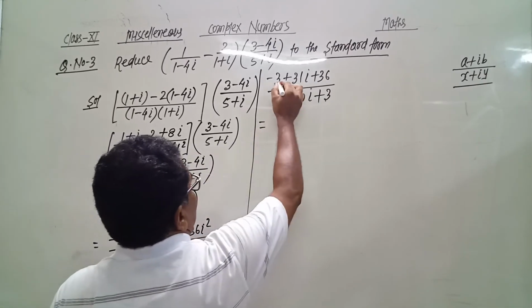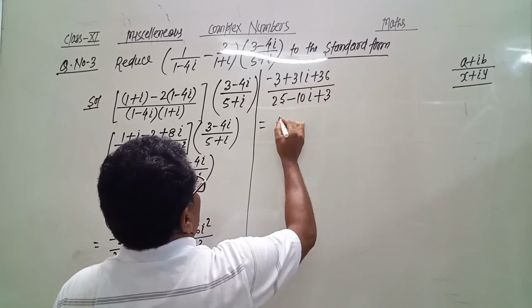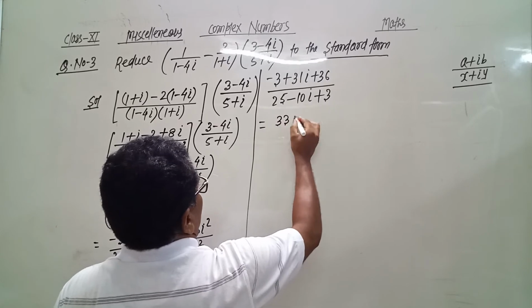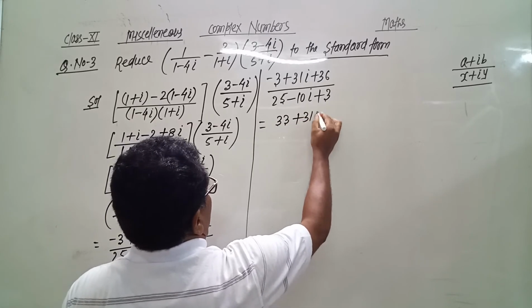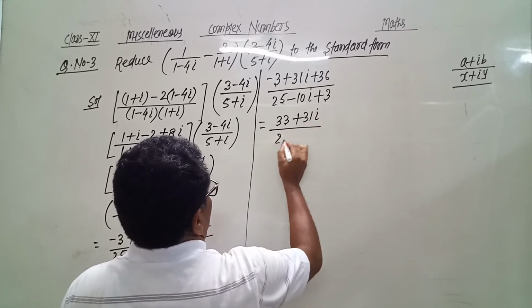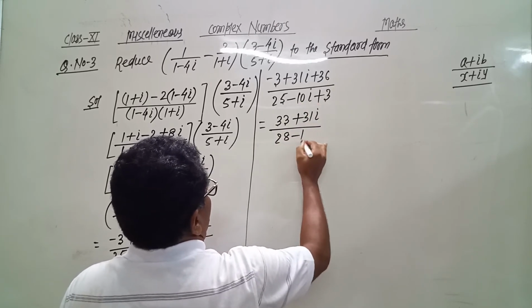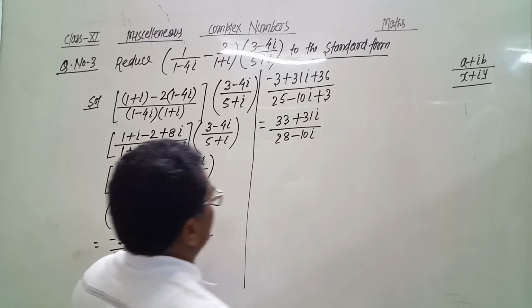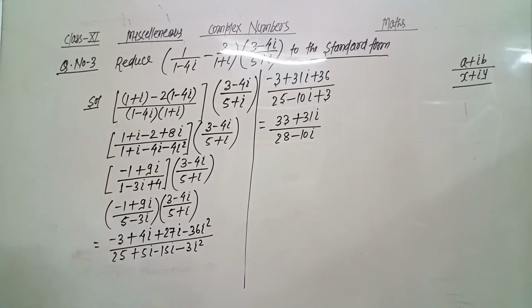So we get minus 3 plus 36, that is 33 plus 31 iota upon 25 plus 3, 28 and minus of 10 iota. So 33 plus 31 iota upon 28 minus 10 iota.